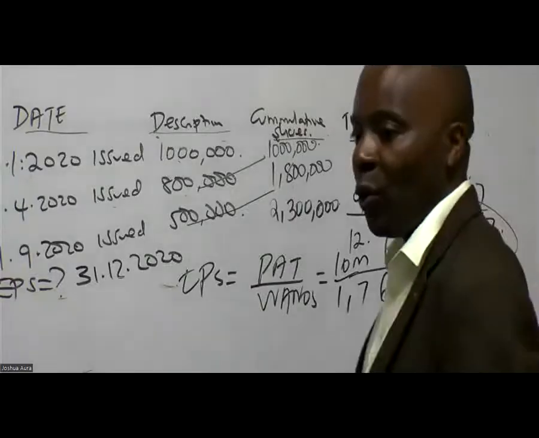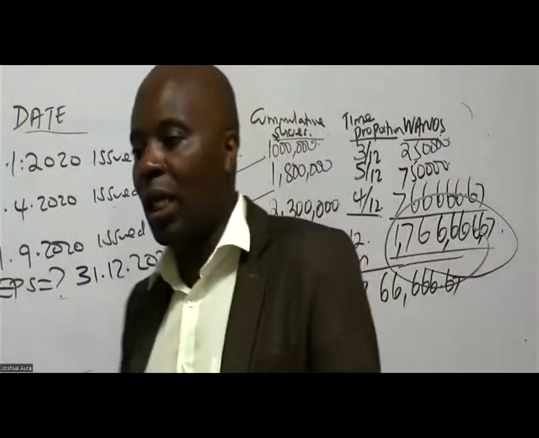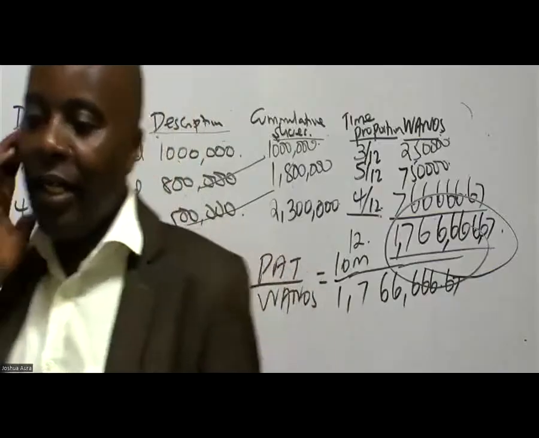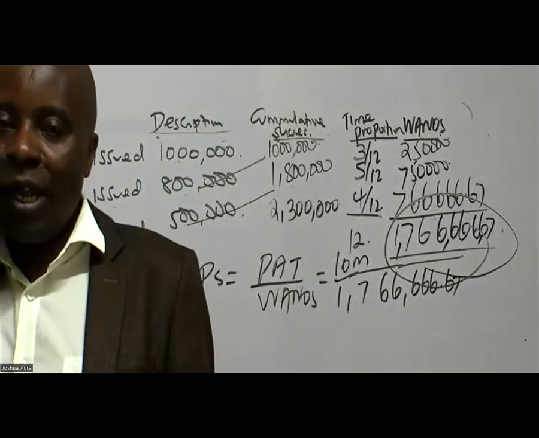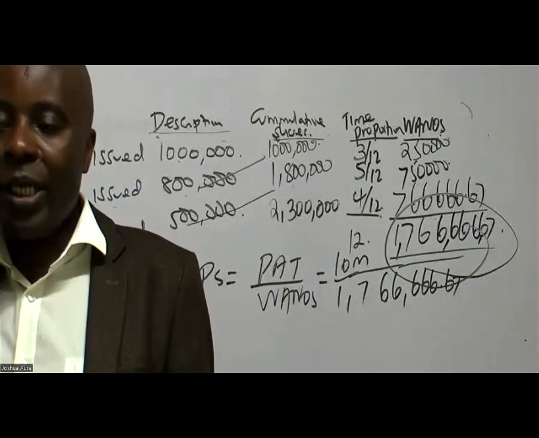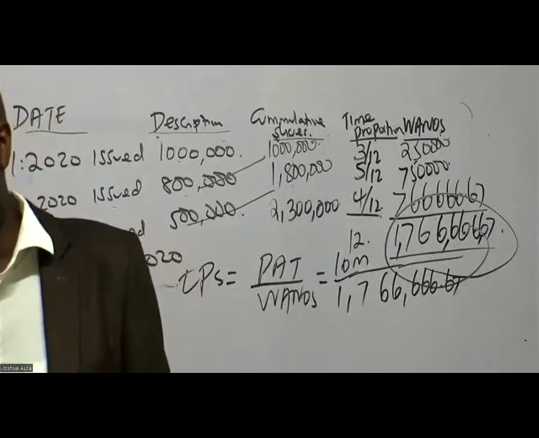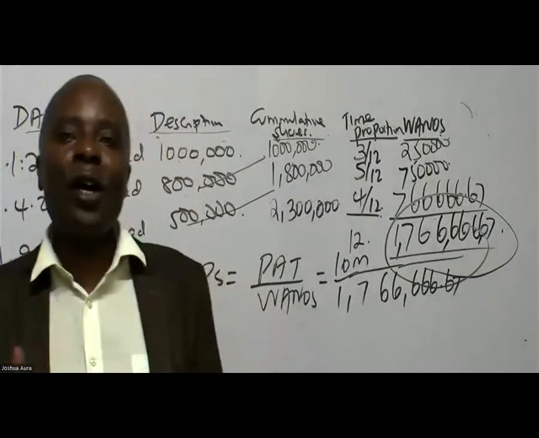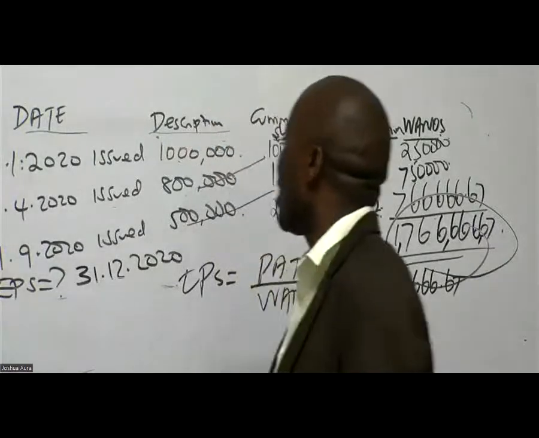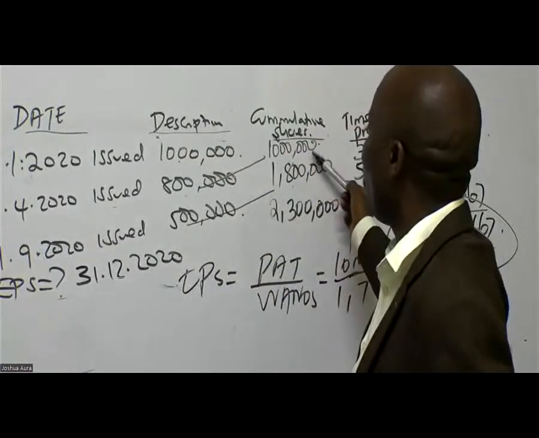If we do it that way, we shall be able to get earnings per share, which will be 5.67. I know there are those students who will tell you that we stayed with these shares for 12 months.